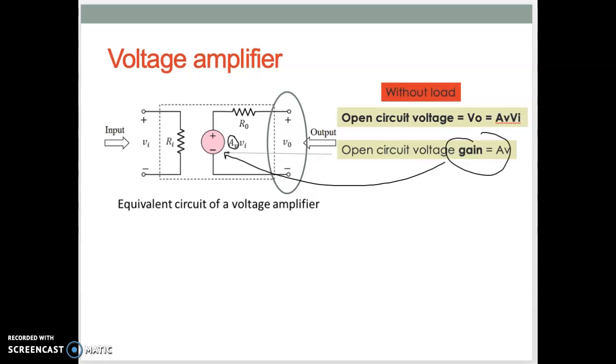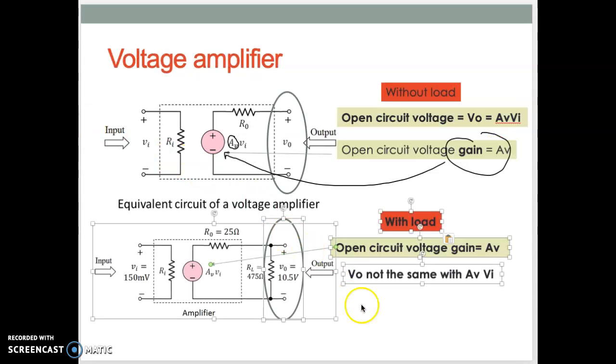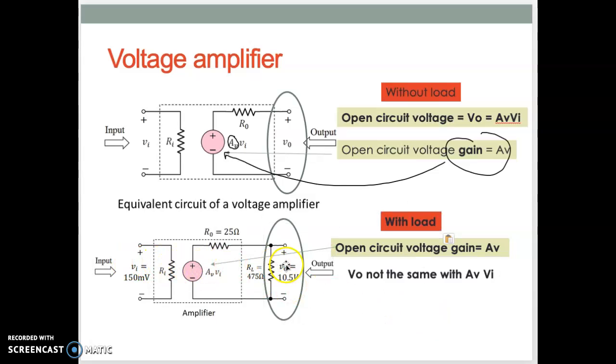Okay. How about the circuit that has a load? This is the circuit that has the load, meaning there is an additional RL here. If there is an additional RL, you cannot denote open circuit voltage, meaning you cannot denote V out as the same as AV VI, because you have a load here. Without the load, you can denote V out as directly equal to AV VI.